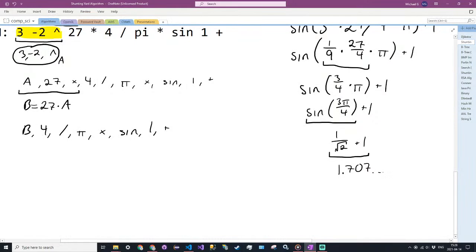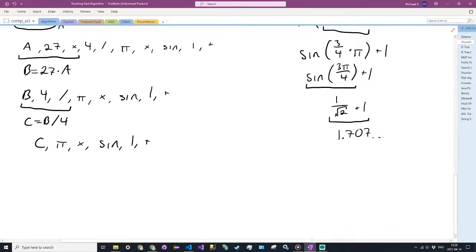Once again we have a B and a 4 and a division, so C is equal to B divided by 4. Then we have a C, a pi, times, sine, 1, plus. Keep going. D is equal to C times pi.